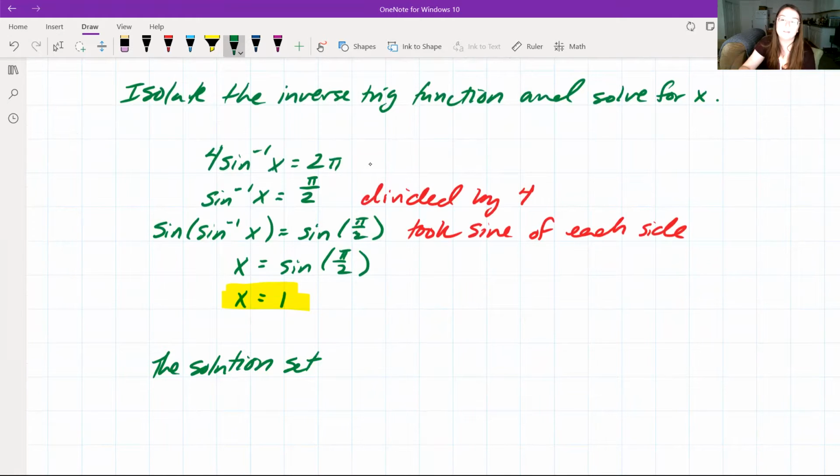In this case, we only have one solution, but if we want to give it as a solution set, we would say that the solution set is 1, and we write 1 in curly braces. That signifies that it is a solution set, not an ordered pair or an interval or anything along those lines. So there we go.